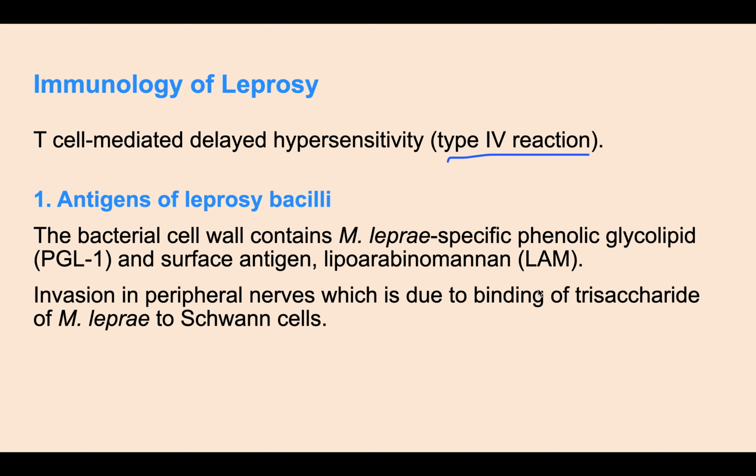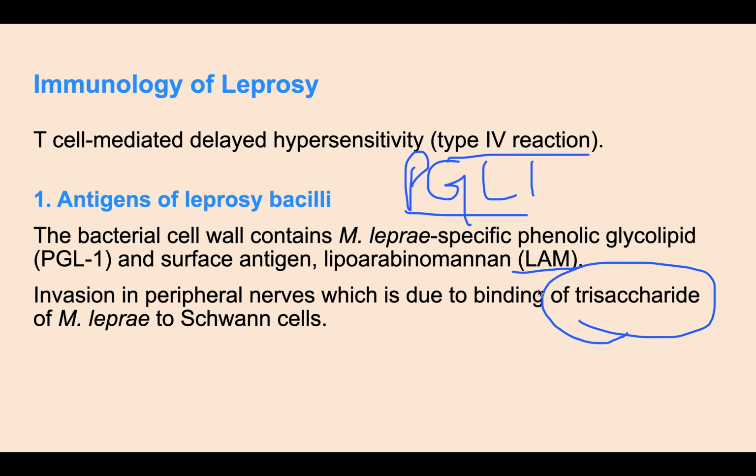The bacterial cell wall contains one antigen known as PGL1. Then there is the LAM antigen, and there's a trisaccharide present in Mycobacterium leprae which binds to the Schwann cell. So these are all the antigens present in the leprosy bacilli.